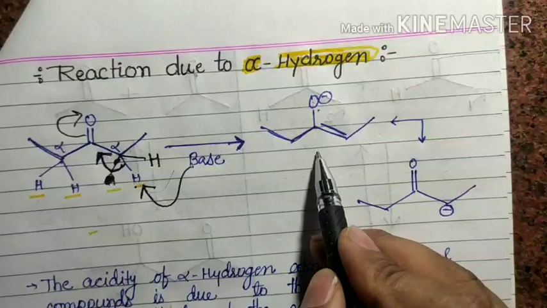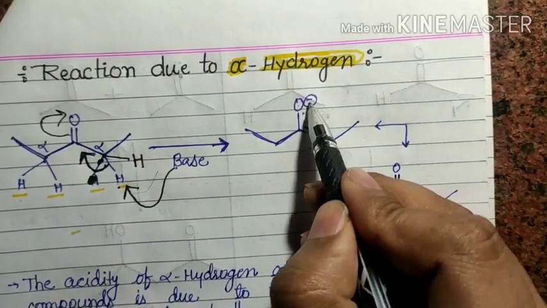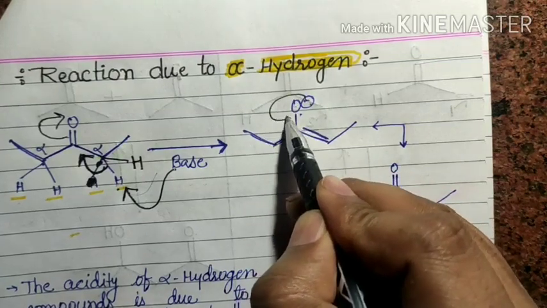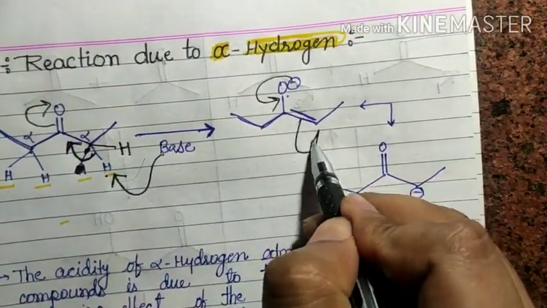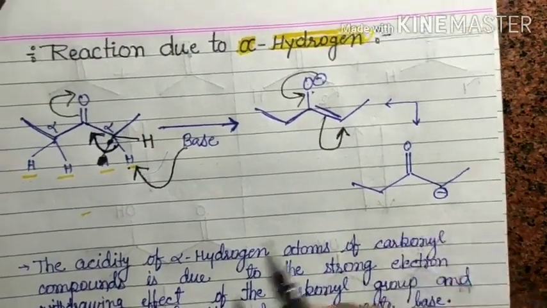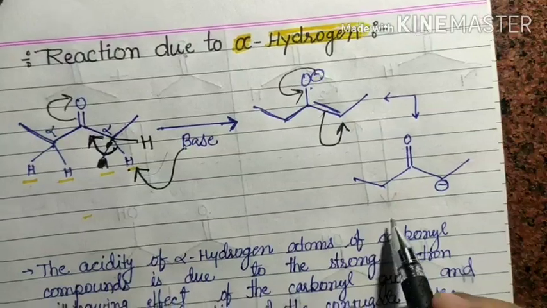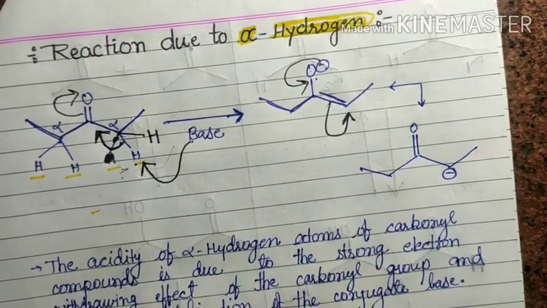So this structure is formed, and again this structure is resonance stabilized. So this comes back and this shifts like this. Here is another structure of the system. This is resonance stabilized, and so it is an acidic hydrogen. It may be removed as H plus.